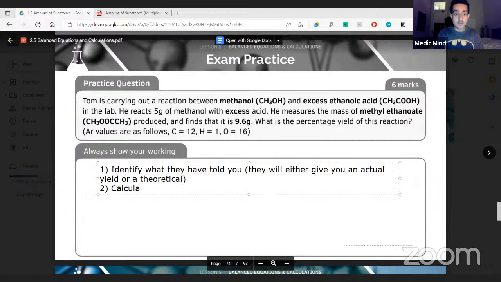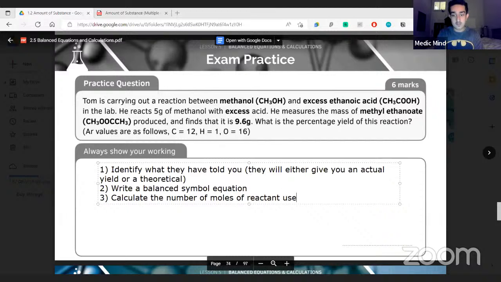Step 2 is write a balanced equation. Step 3 is calculate the number of moles of reactant used, and that usually is done by mass over MR. You don't have to write state symbols.